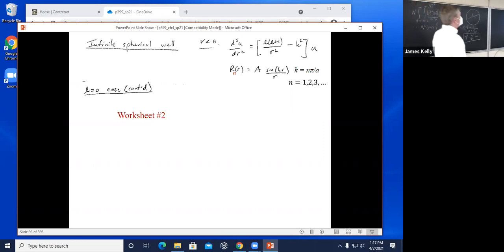That's right. If you're using capital R and you're going to normalize that, then we need the piece of the spherical coordinate volume element that goes with the r integral. So I need an extra factor of r squared next to the capital R squared.